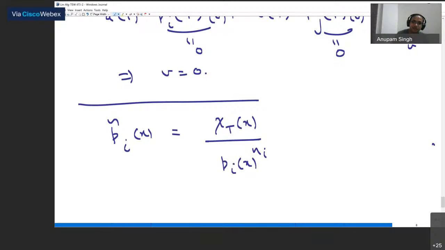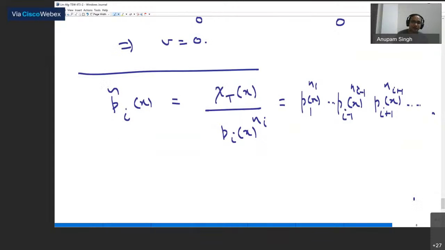So basically, this is going to be the polynomial P1(x) to the power N1 up to P(i-1)(x) to the power N(i-1), and then I will miss Pi, and then I'll get P(i+1)(x) to the power N(i+1), and so on, right?